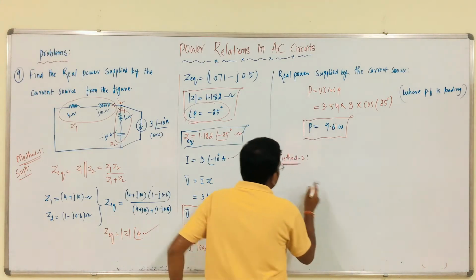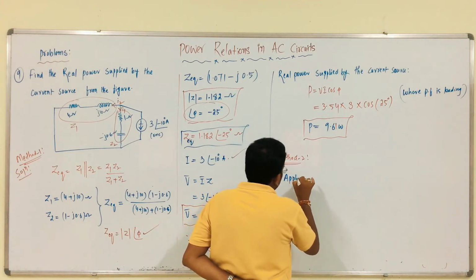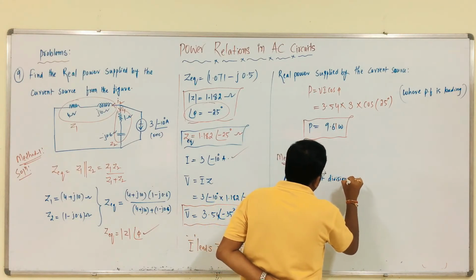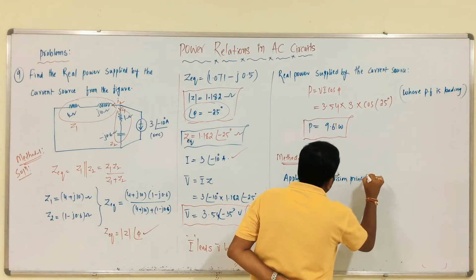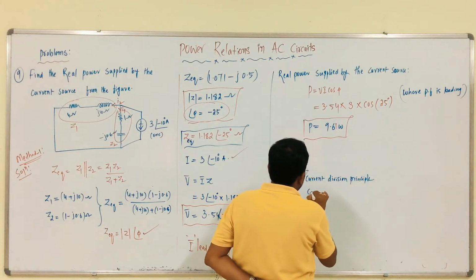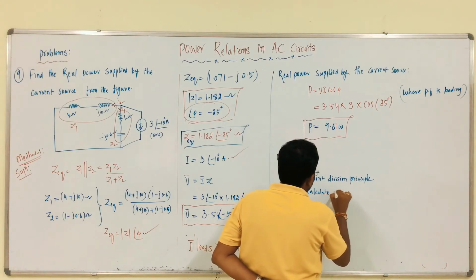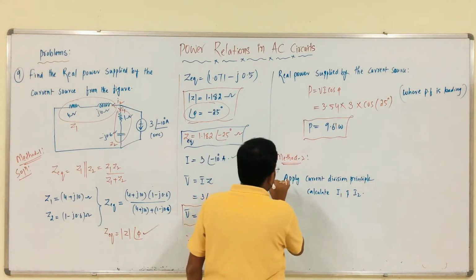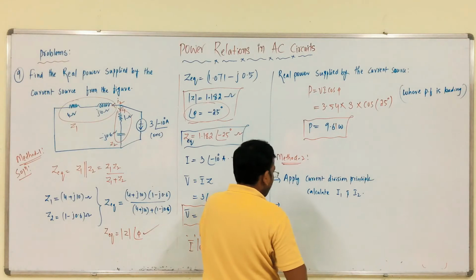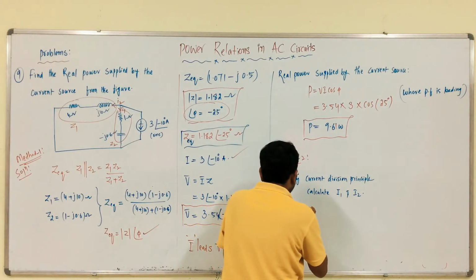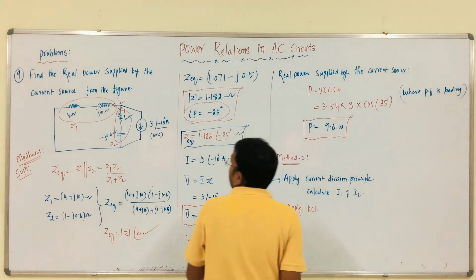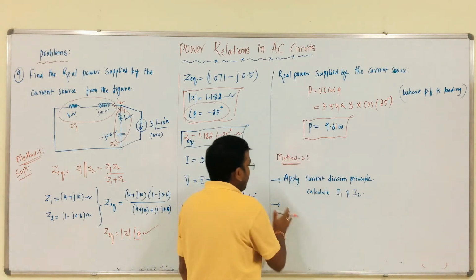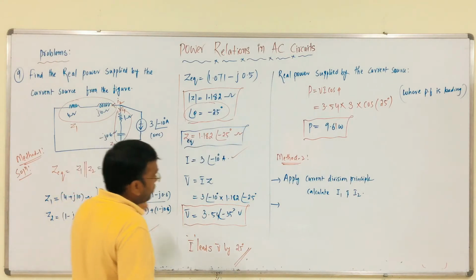First, we have to apply the current division principle, calculate I1 and I2, completed. Then next step, apply KCL. No need, just by applying the current division principle we can get I1, I2.